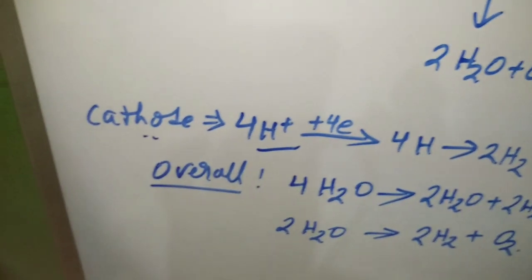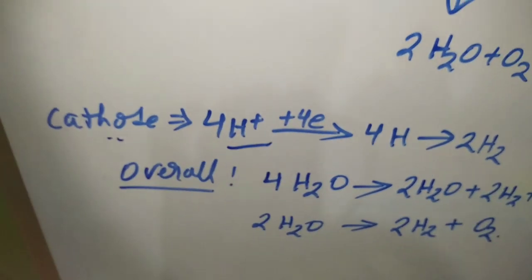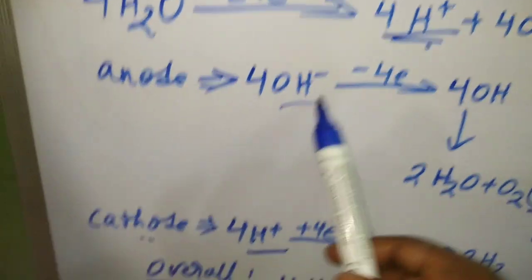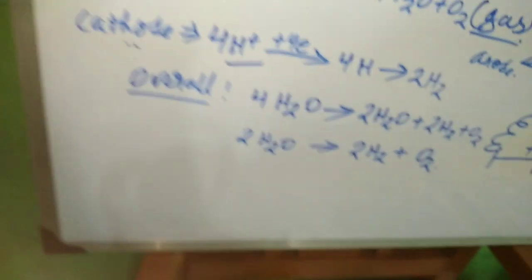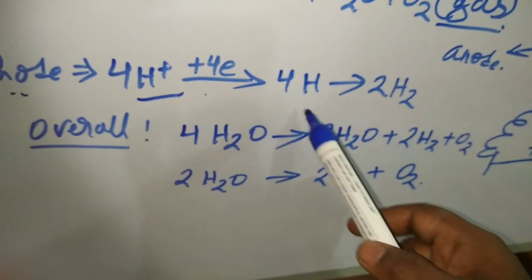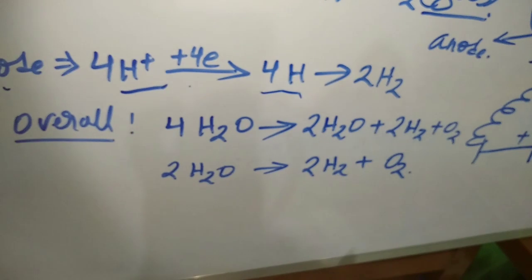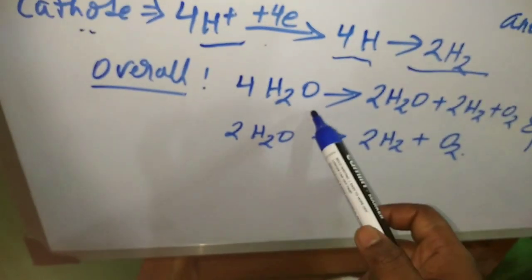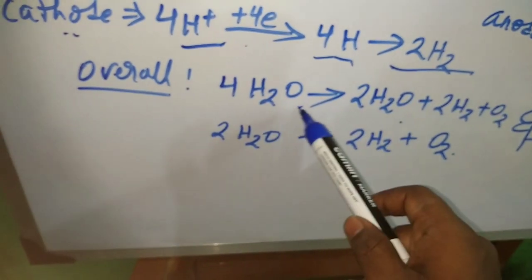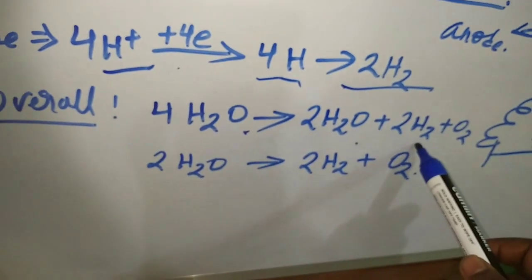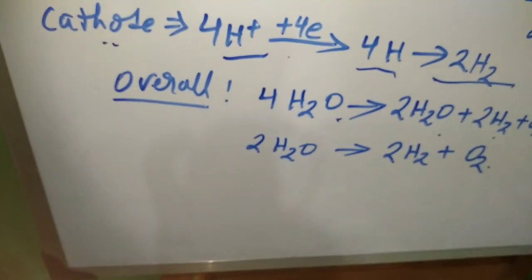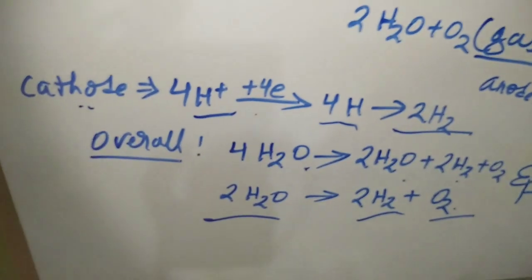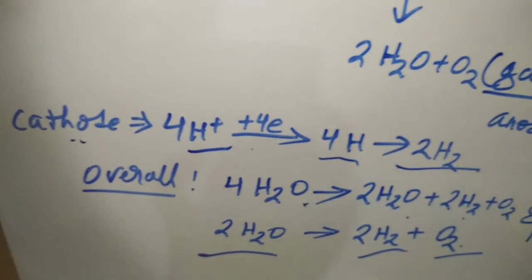You might ask me from where hydrogen will take 4 electrons. The electrons released from 4 OH minus, from there it will take 4 electrons and become 4 H atoms, and after that it will become 2 H2 molecules. So what is the overall reaction? 4 H2O decomposed into 2 H2O plus 2 H2 plus O2, simplified 2 H2O gives 2 H2 plus O2. Okay students, understand? Now see another example.